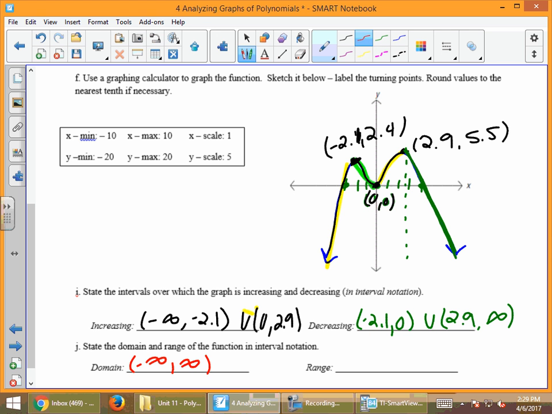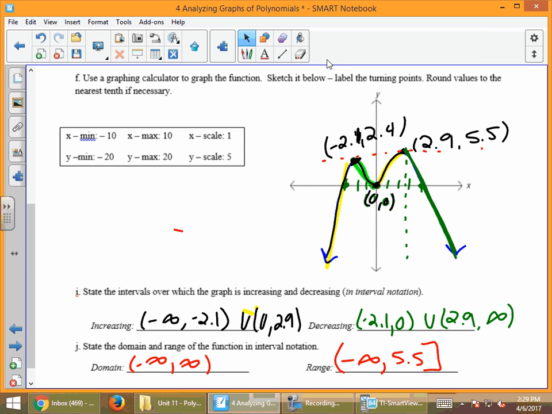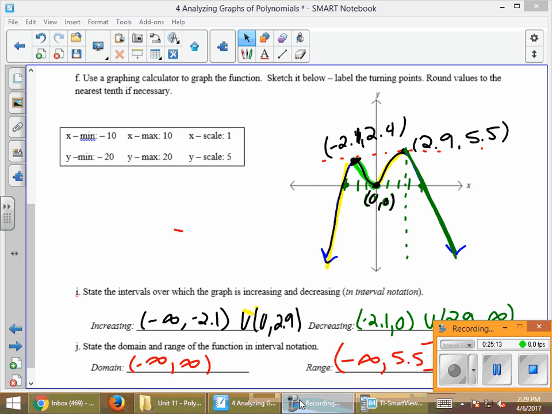Negative infinity, because we're talking about y. So pointing down towards negative infinity. Perfect. And then your highest y value, so the y value it stops at is 5.5. It's this point right there. We put a parenthesis around infinity, put a bracket around 5.5. Completed. Any questions over that?